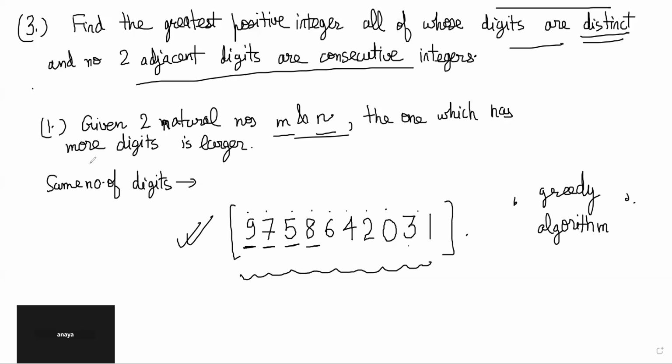Okay. The fourth problem was: find the least positive integer whose product of digits is 10 factorial, where I hope you know the meaning of the factorial symbol.